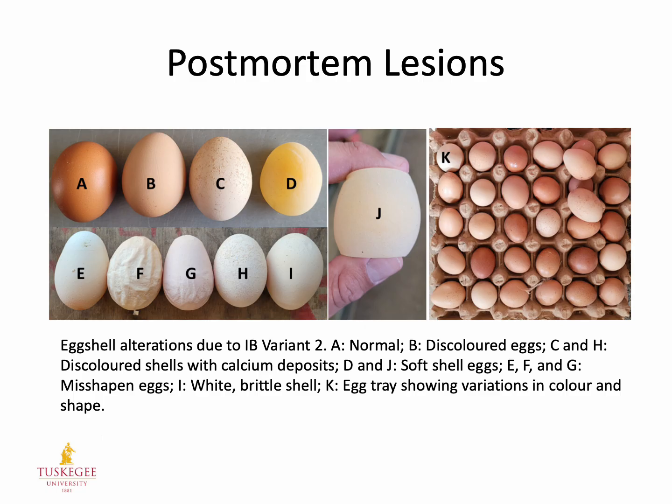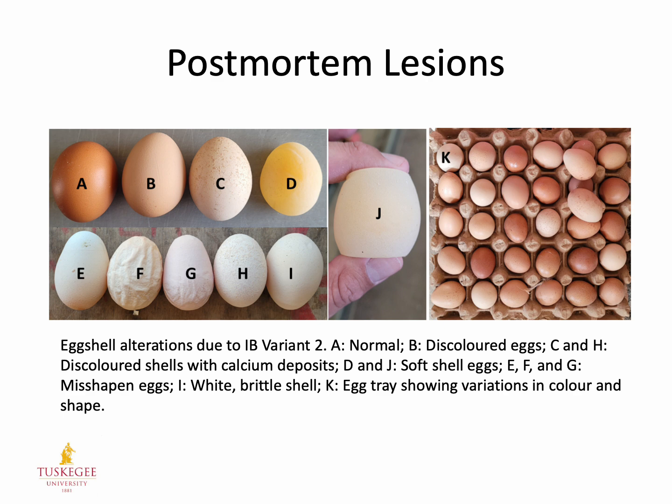Here we're going to be looking at the effects of infectious bronchitis on egg quality. We have an array of different egg qualities and how infectious bronchitis can cause these different pathologies. A is just for reference. A is a normal egg. That's what a normal brown table egg should look like.